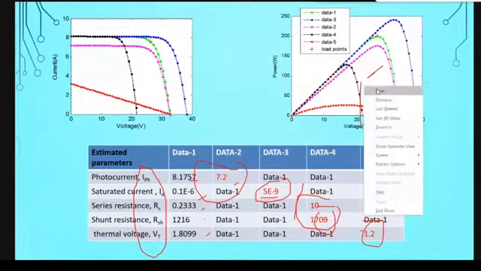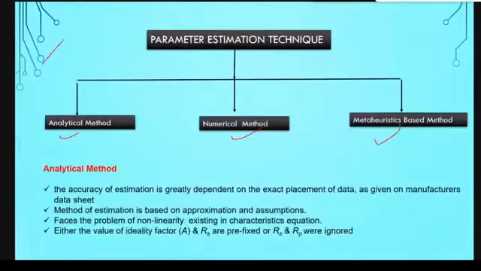These are the areas through which you can explore some more innovative things. Basically, there are 3 methods through which you can estimate these unknown parameters: the analytical method, the numerical method, and the meta-heuristic based method.